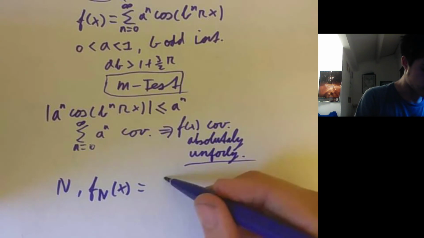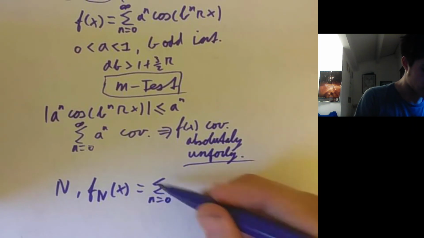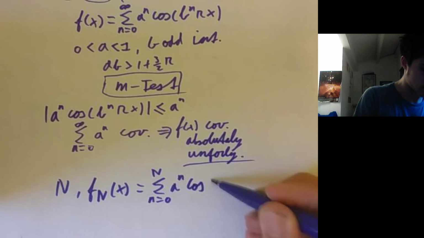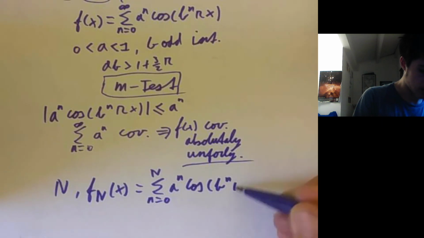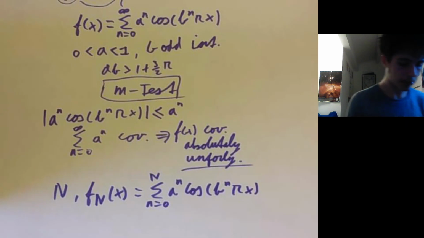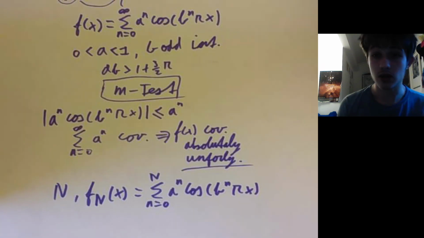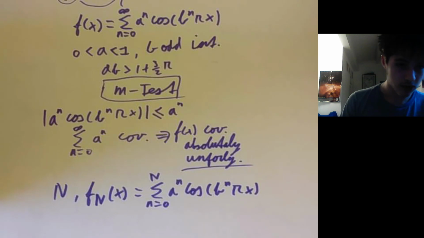This will be equal to the sum from n equals 0 up to capital N of a sub n cosine of b to the n times pi times x. Then this is just a finite sum of cosines with some constants. So of course that will be continuous, it will be uniformly continuous.